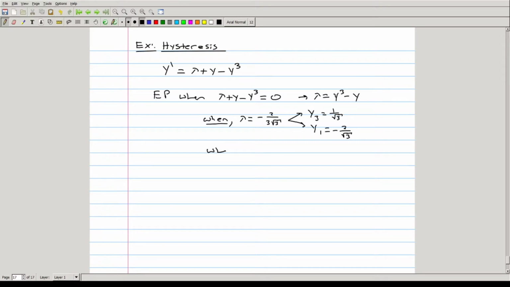And when lambda is equal to 2 over 3 times the square root of 3, we have two other solutions: y2 is equal to negative 1 over the square root of 3, and y4 is equal to 2 over the square root of 3.